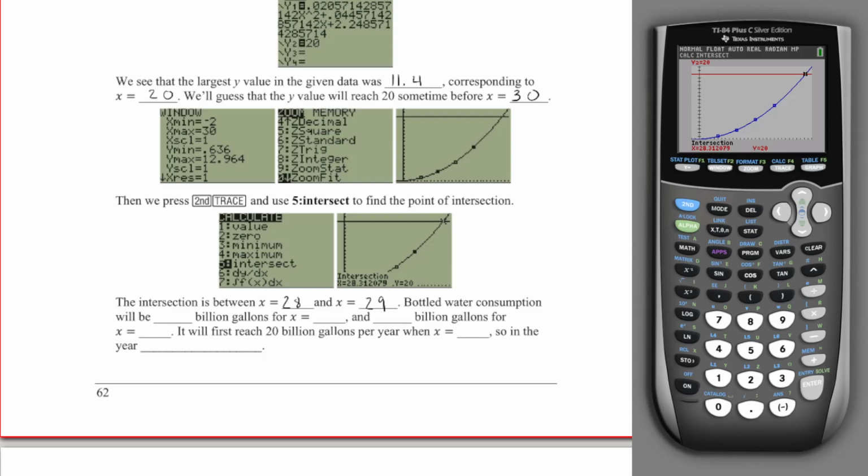So let's look at the bottled water consumption for x is 28 and x is 29. There are a couple ways I could do this. I think I'm just going to look at a table. Right, I'm looking at y1 in my table, for x is 28 and x is 29.